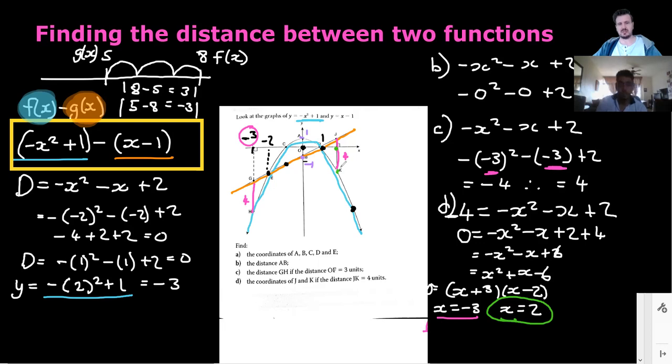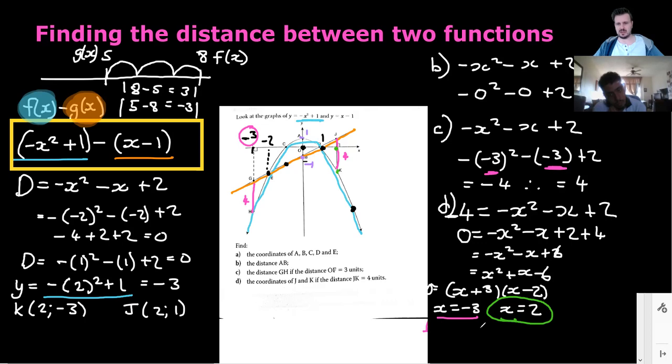Now I almost know immediately, because this distance is 4, I know J is going to be then 1. Because -3, -2, -1, 0, 1 will give us the distance of 4. But I'm still going to get the full one. So K is 2 and -3. And just for this question, even though I could simply now say J is 2 and 1, I'm actually going to use the graph just to double check.